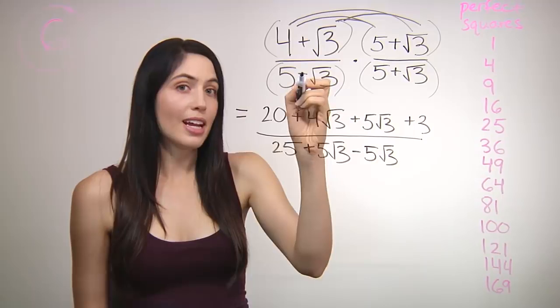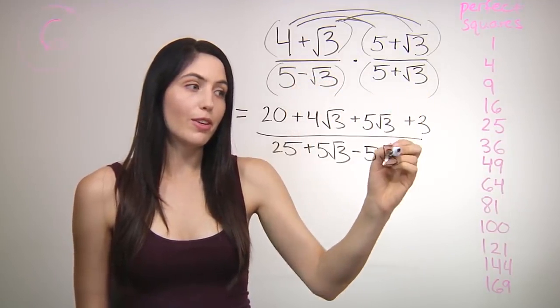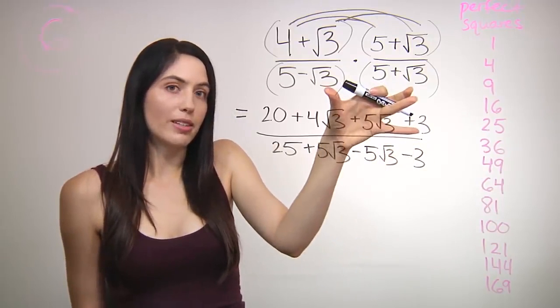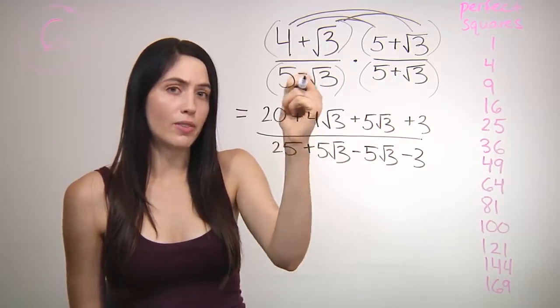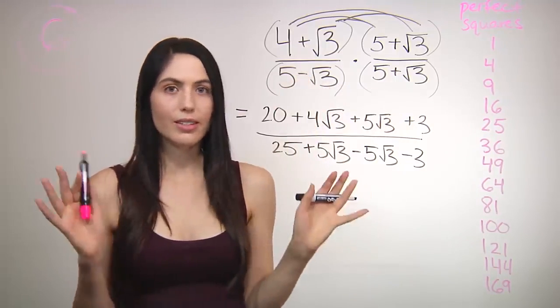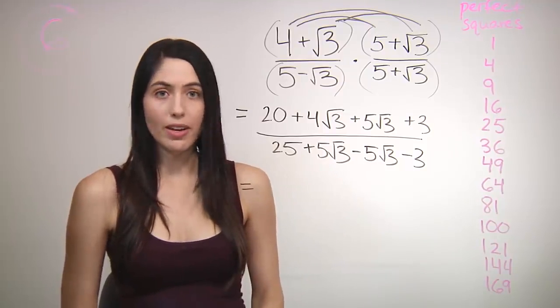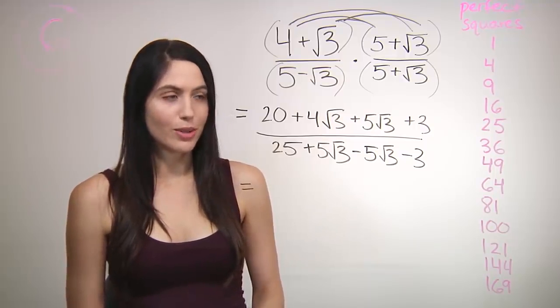And then negative root 3 times root 3 would just give you minus 3. The root 3 times root 3 reduces to just 3, and you do have a negative sign. All right, so you've FOILed everything out, multiplied everything out. Now just keep simplifying, and hopefully things will cancel. That's the whole point of this.